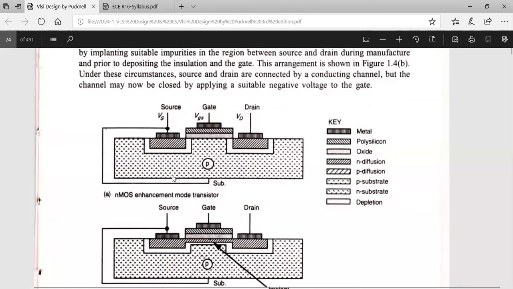You can see here this is an NMOS transistor. NMOS means we have N, that means the shaded part, which is indicated with the slant lines, right?